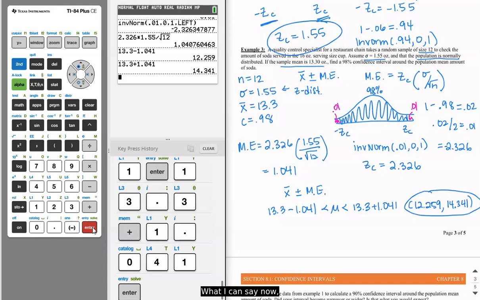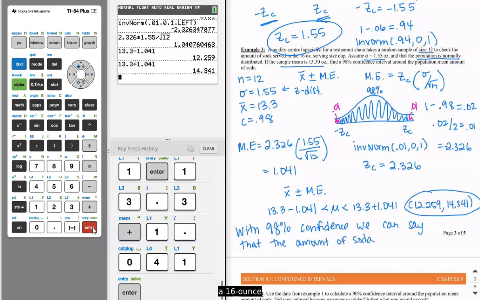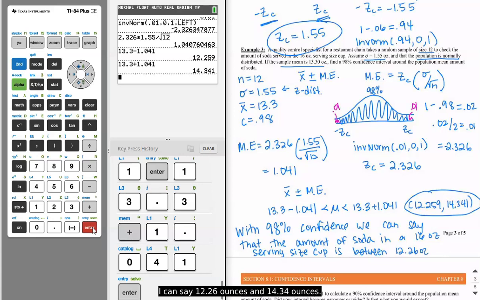So what we can say now is, with 98% confidence, we can say that the amount of soda in a 16-ounce serving size cup is between 12.26 ounces and 14.34 ounces.